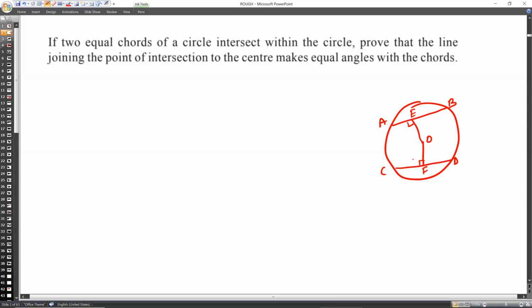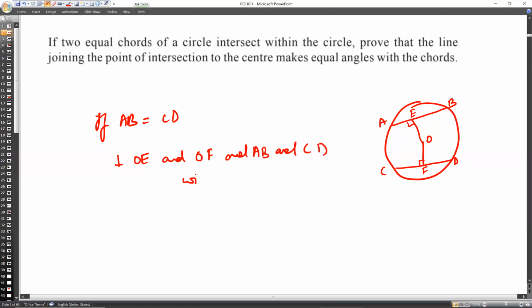This is the theorem that if AB equals CD, then the perpendiculars OE and OF on AB and CD will be equal. We studied this in the previous class. Got it? Okay, sir.